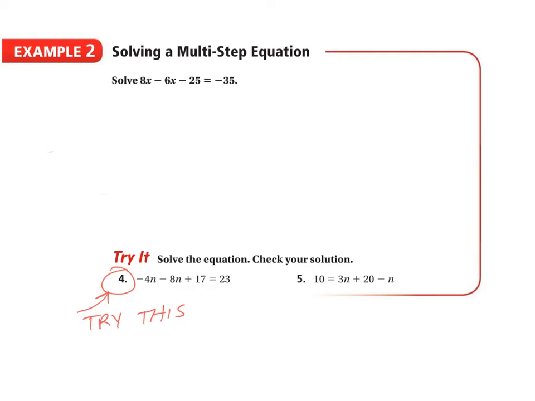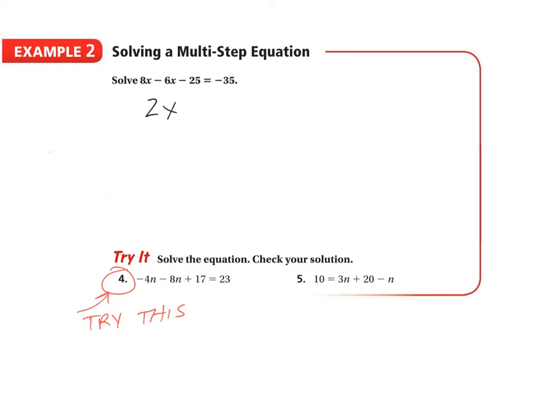Okay, so in this one right here, before we get to just an equation like what we had, we have a step before that. The reason is because we have 8x here, and we have another negative 6x here. So the first thing we're going to do, hopefully you're thinking, is combine the like terms. Very simply, if I have 8x's and I subtract 6x's, that leaves me with 2x's.